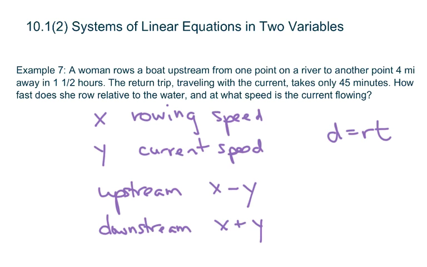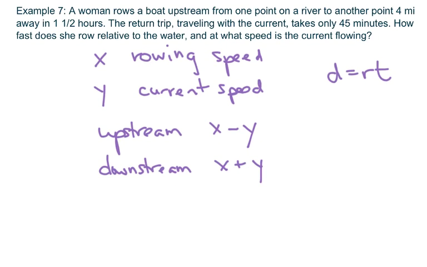So now I have an expression for the speed using x and y, and now we're going to write an equation in the distance equals rate times time format. So let's start upstream. She went 4 miles. That's going to equal our rate times our time. And I'm going to call the time 3/2 hour because it's better than writing 1 1/2.